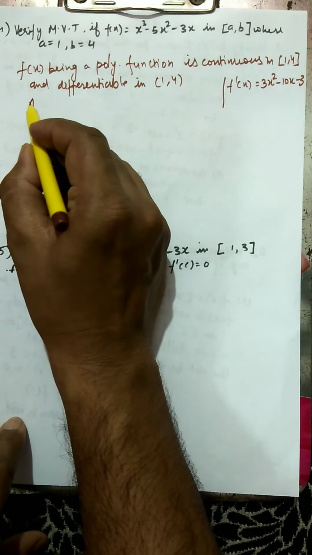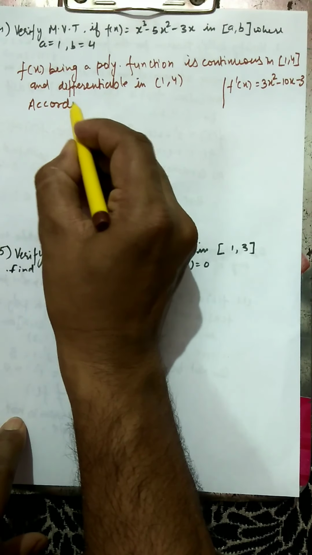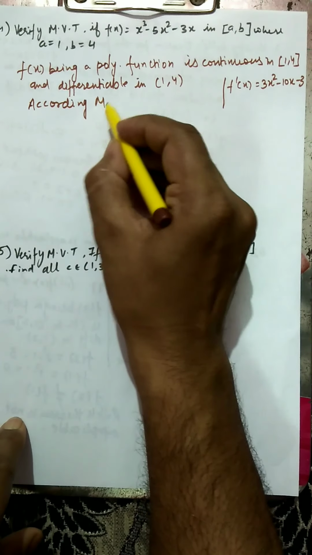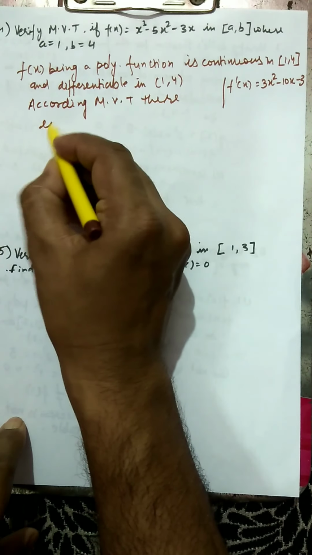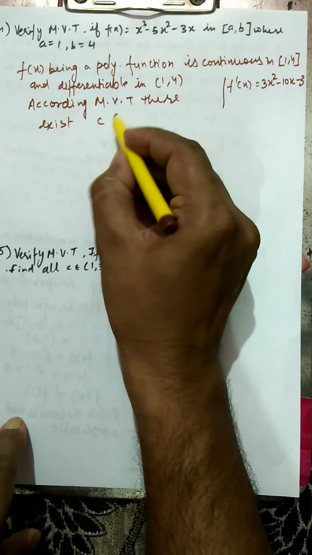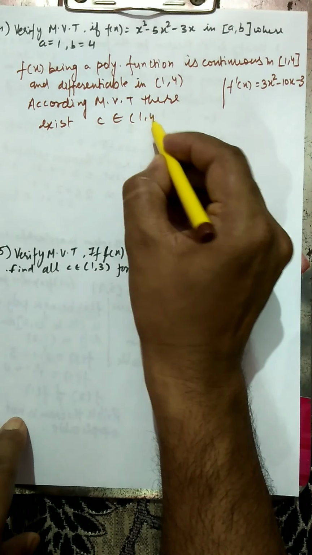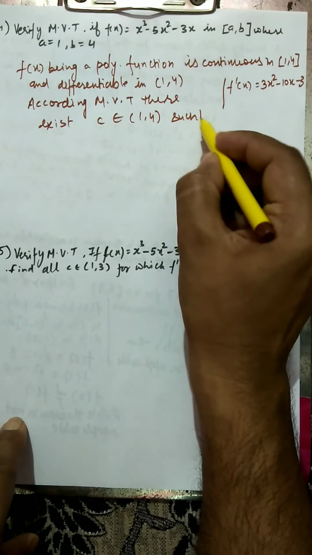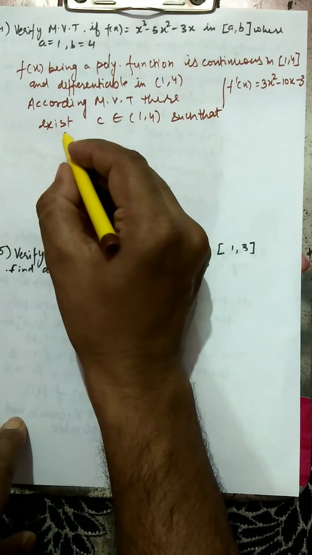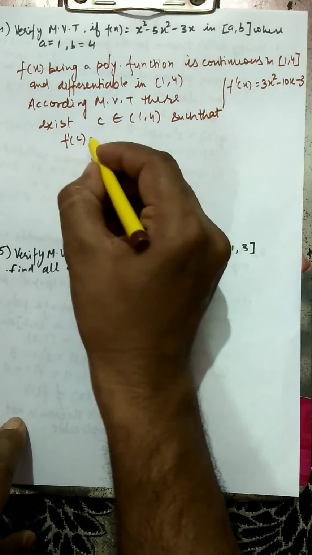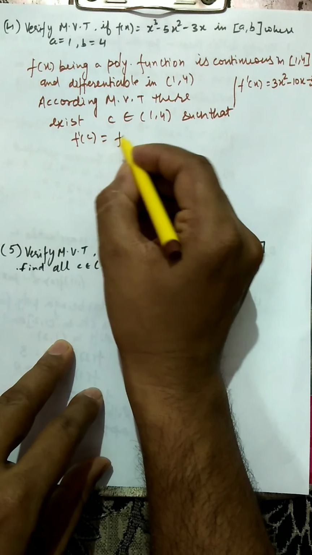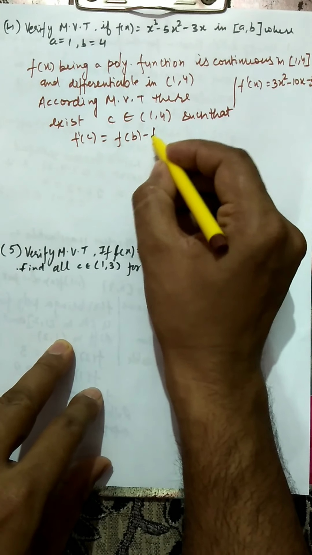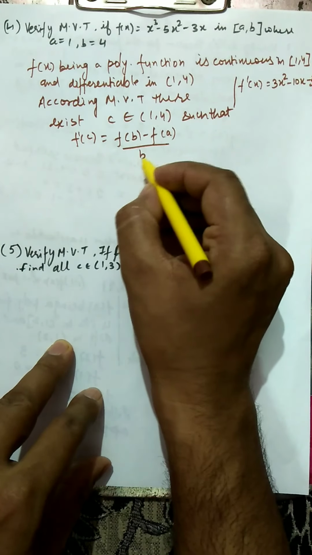Now, according to the mean value theorem, there exists c belongs to (1, 4) such that f'(c) = (f(b) − f(a)) / (b − a).